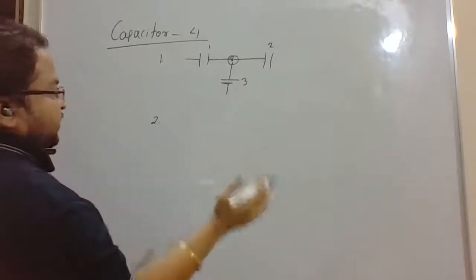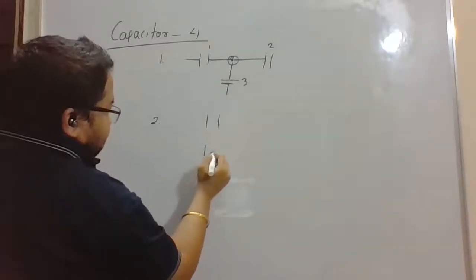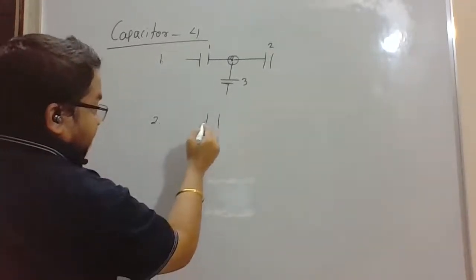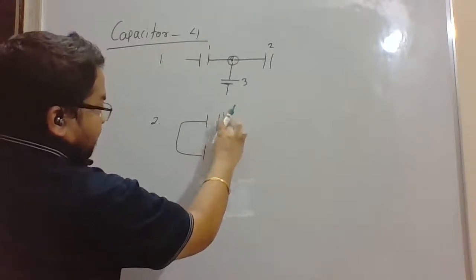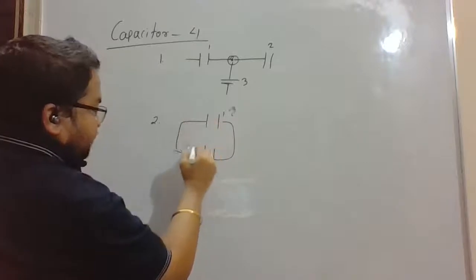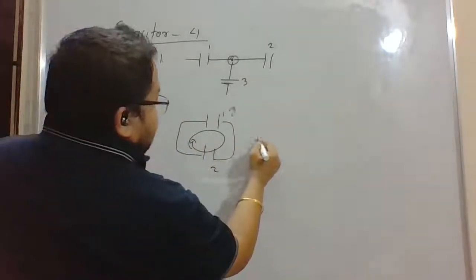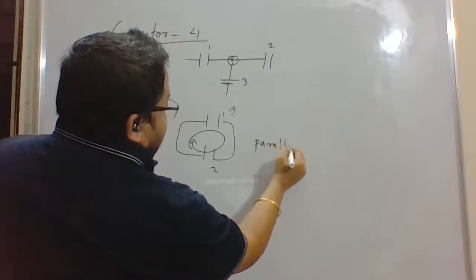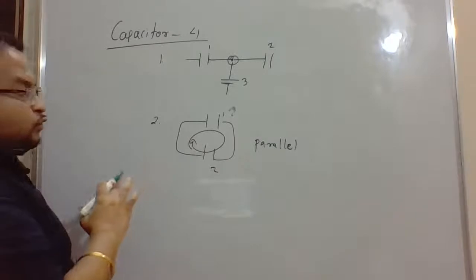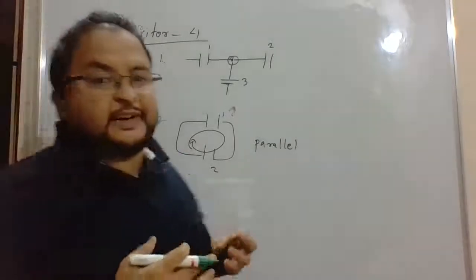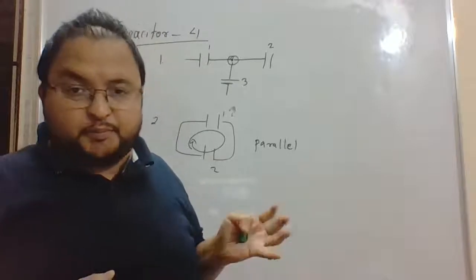Coming to parallel combinations, two capacitors are said to be in parallel if, taking two and only two capacitors, we can complete one loop. I repeat, these are tricks to solve problems. You should not write them as a theory or definition of series and parallel.